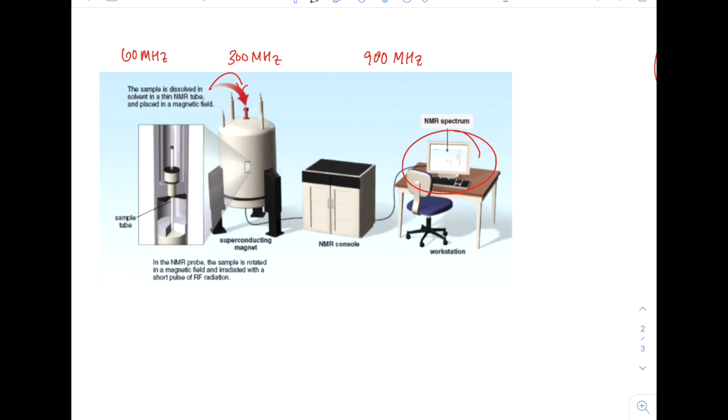Just, the larger the instrument, the better the resolution, meaning you're going to get better splitting between your peaks. If you have peaks that are close in energy, so close in frequency, they're going to be very close together. But if you have a higher strength NMR, then you will get better separation.